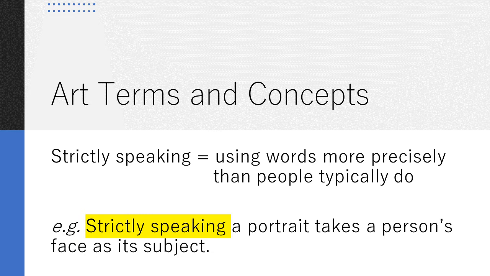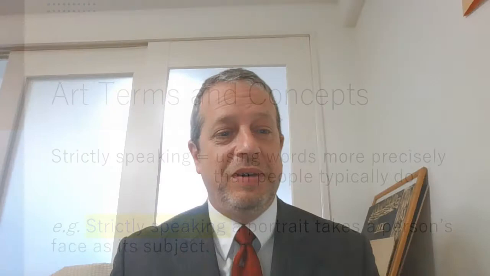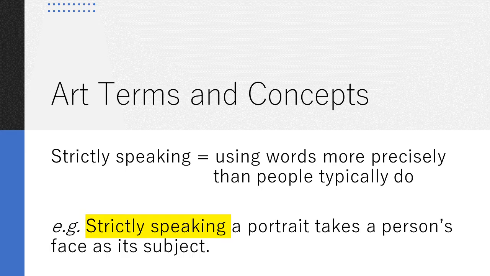Now, we said that a portrait was a close-up image of a particular person. However, if you want to speak very precisely, very strictly, it does need to take the person's face as its subject. The focus needs to be on the person's face. If the focus is on a person, but perhaps the body, their elbow, their feet, you might not strictly call that a portrait.